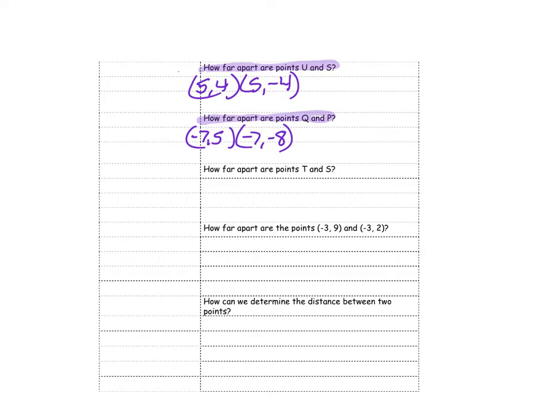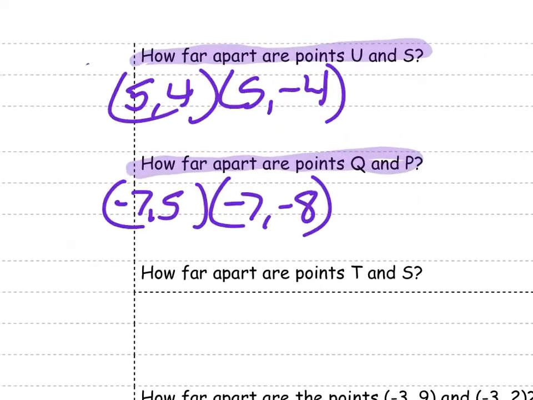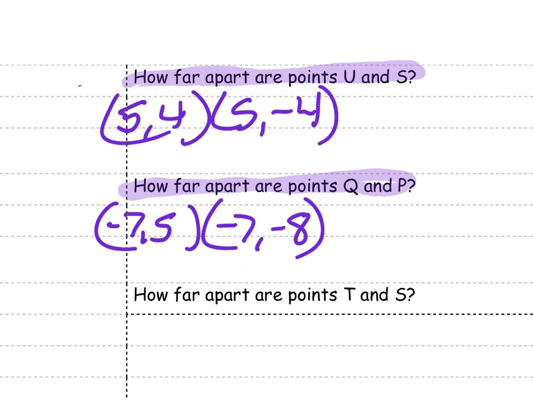All right, so these two right here, (5, 4) and (5, -4). I want you to notice that both of these start by going over a positive 5. So if we're thinking of that coordinate plane, they're both going over the same amount. It's the amount that they're going up or down that's different.